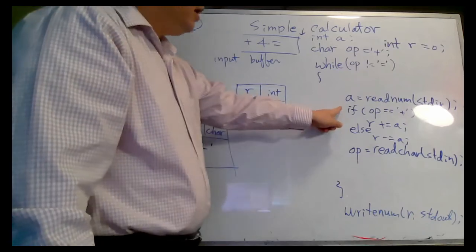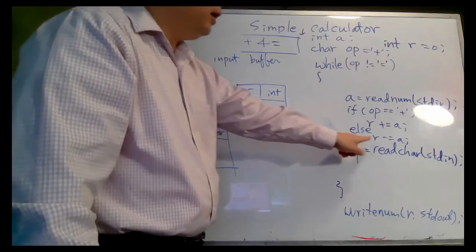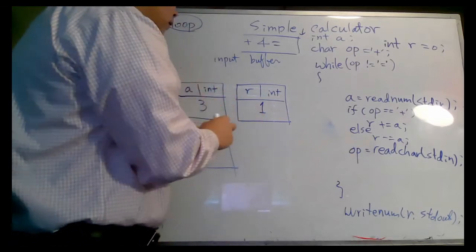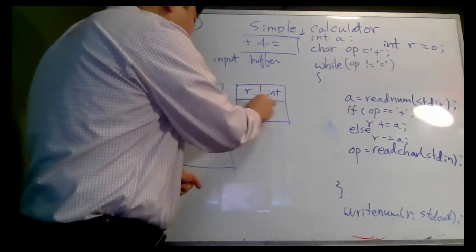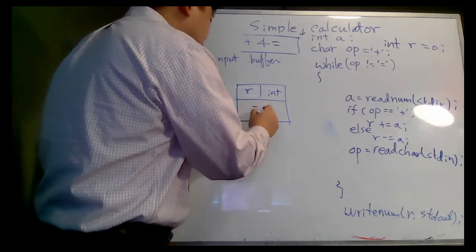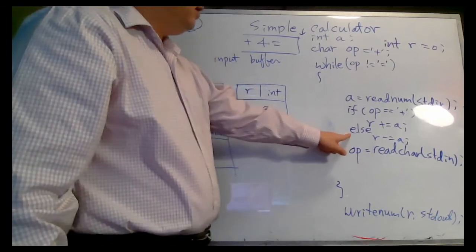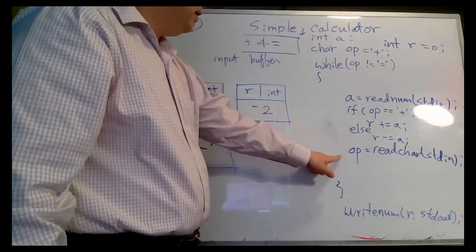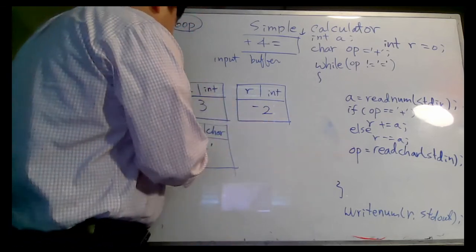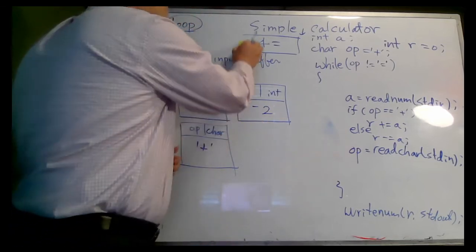So minus means you go here and subtract 3 from R, so that means this is this, and then you go there. And then the operator is read again, so now this becomes plus.